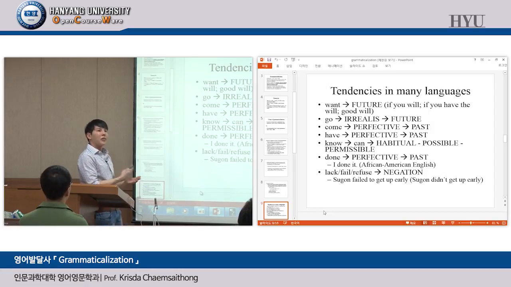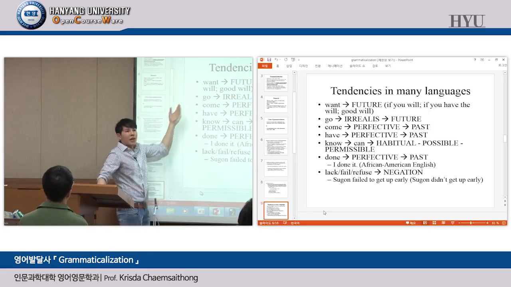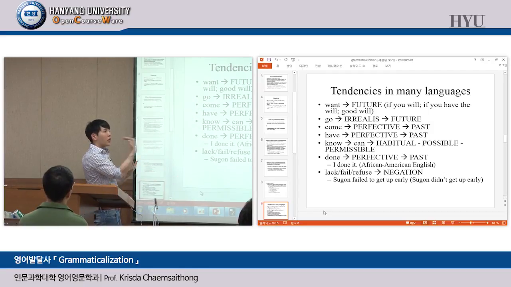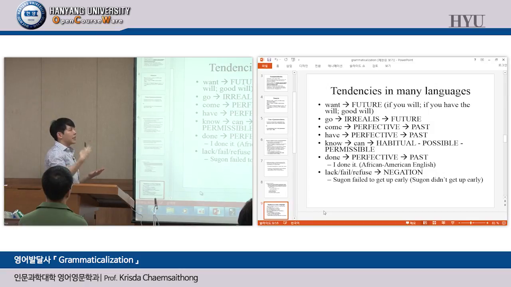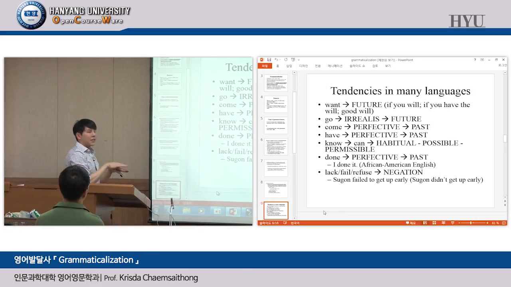It can happen or it doesn't have to happen. Come is the opposite of go, which usually ends up as a past tense marker, because when something comes back, it means that it's finished. So it ends up as a past tense marker.